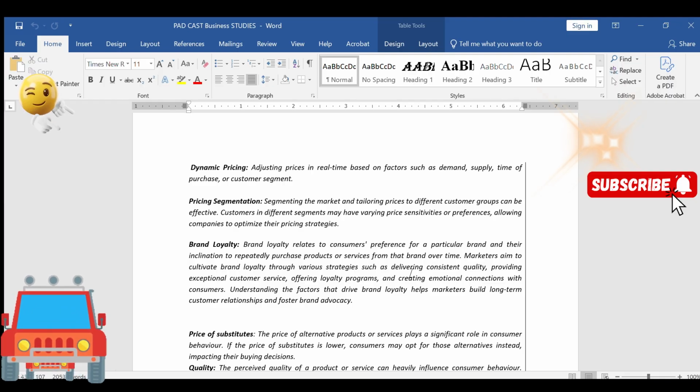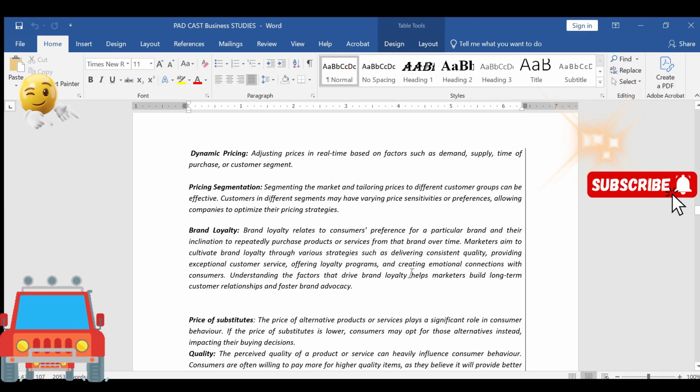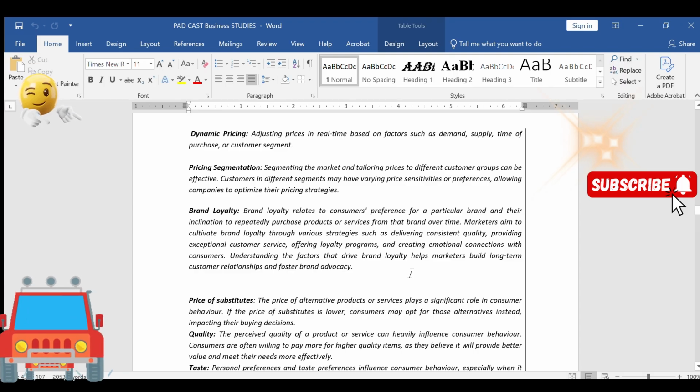to optimize their pricing. Brand loyalty relates to consumer preference for a particular brand and their inclination to repeatedly purchase products or services from that brand over time.